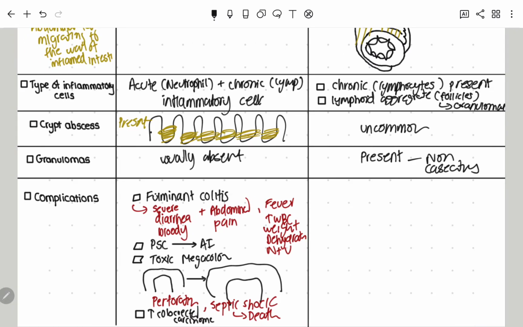Right, coming to the complications associated with Crohn's disease, quite simple. We already discussed it. The first one rather is the formation of fistulas.